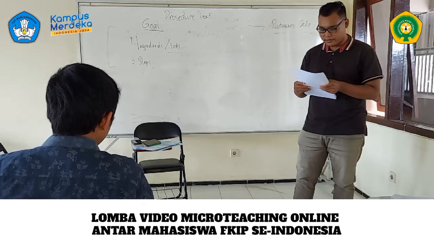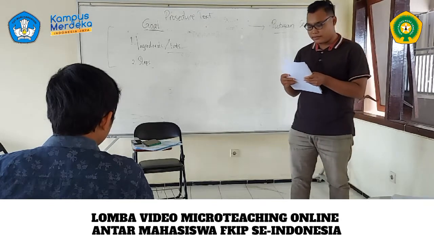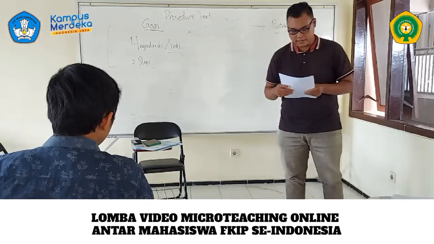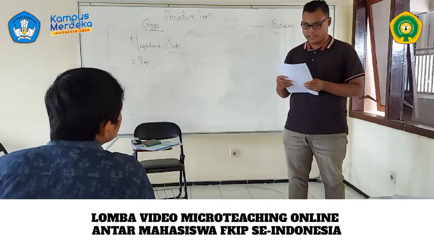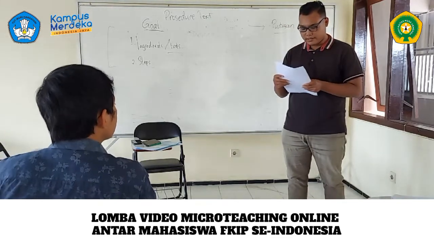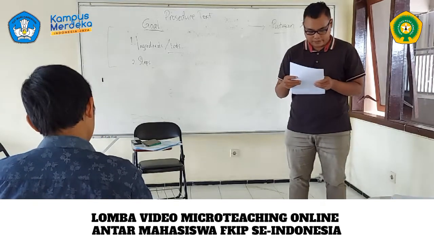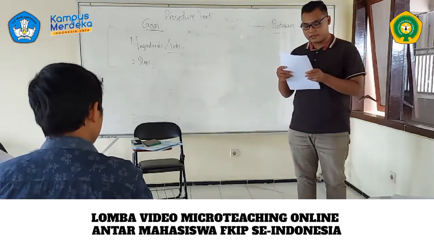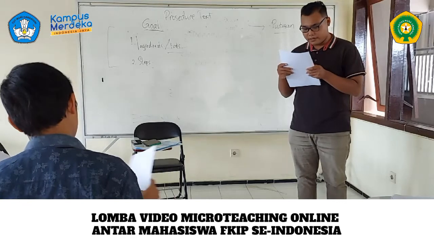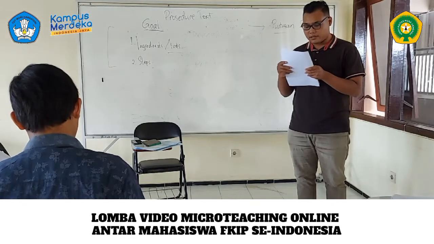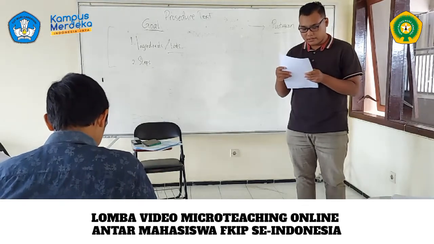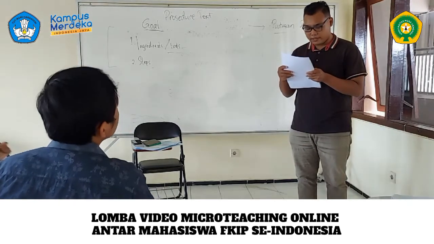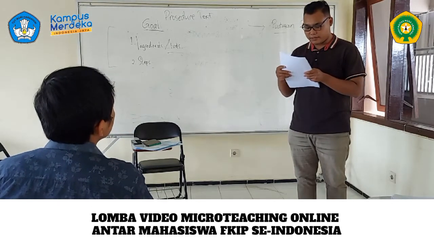I'm going to use how to make wedang ronde. So this is the recipe of the wedang ronde. The ingredients for the skin: we use 150 grams of glutinous rice flour, 2 teaspoons of sago flour, salt, 25 cc of betel lime liquid, 50 cc of warm water.